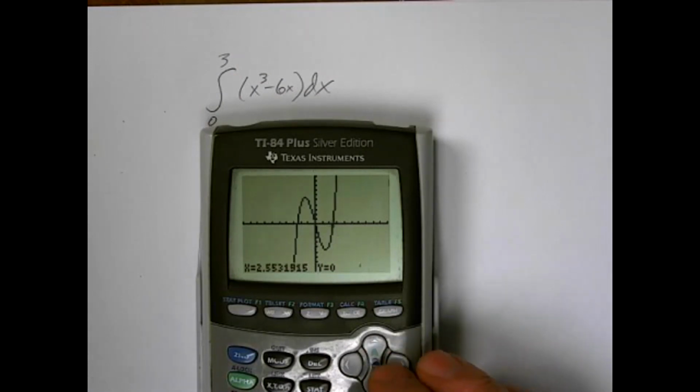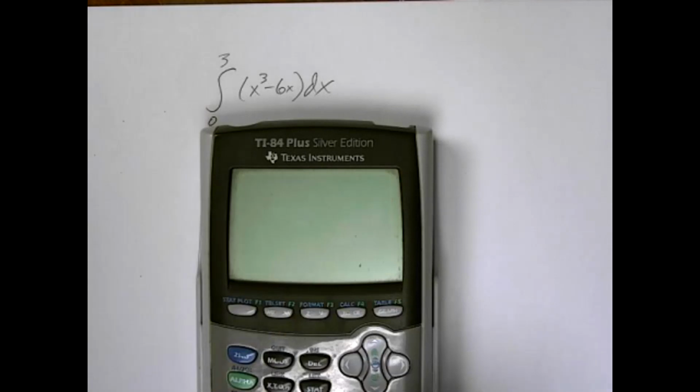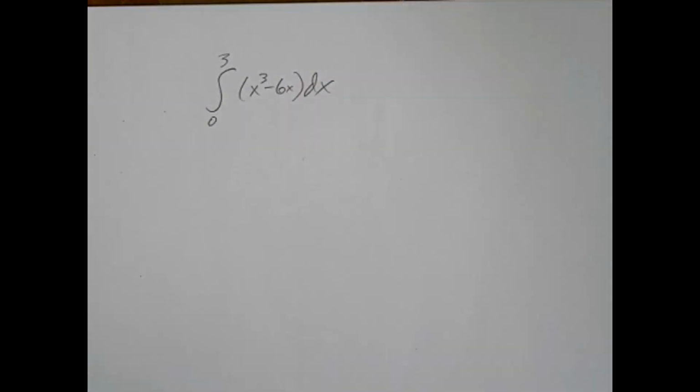Around about 2.5, you're back at the x-axis, and after that, you're above it. So this function when you're moving from 0 to 3 will be sometimes below the x-axis and sometimes above, which means we will not be calculating area. We will be calculating net area.